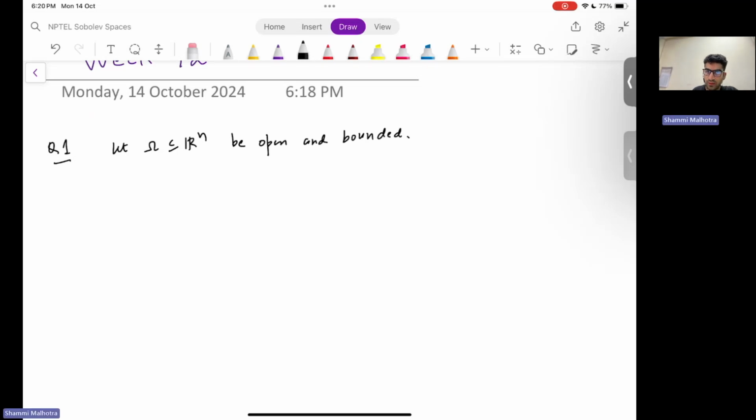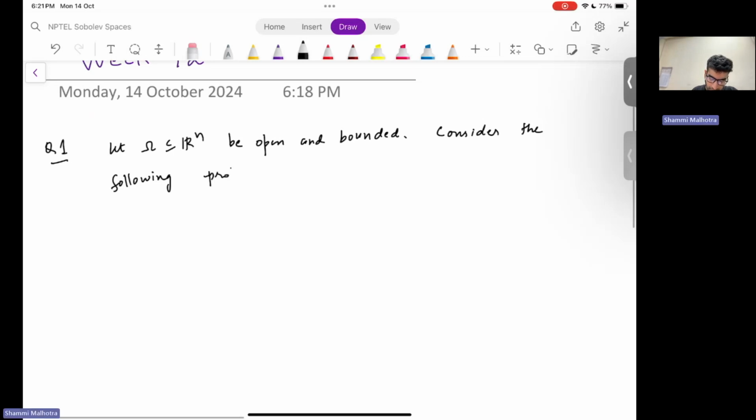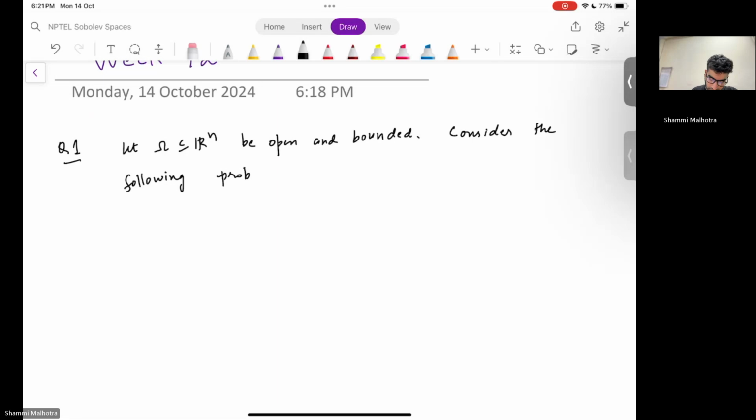This is basically the domain. Consider the following problem based on the heat equation.